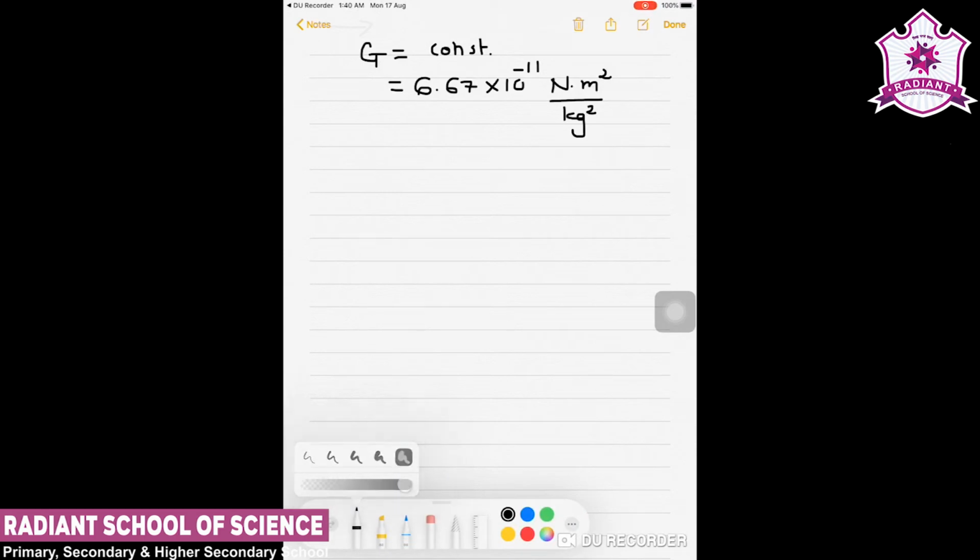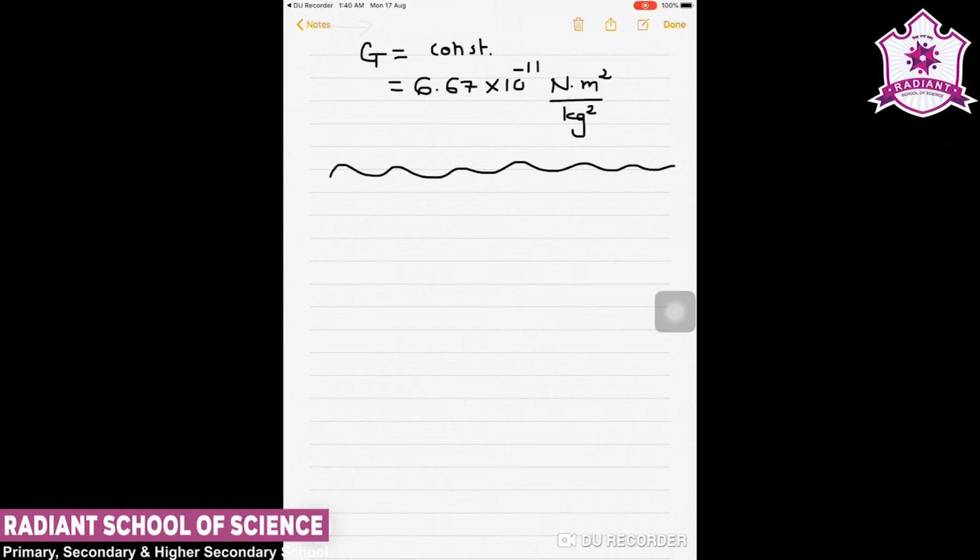Now we will learn about the second force, that is the weak nuclear force. But before that we will go with the electromagnetic force, so I will explain that.